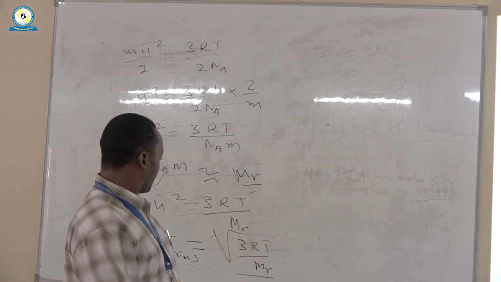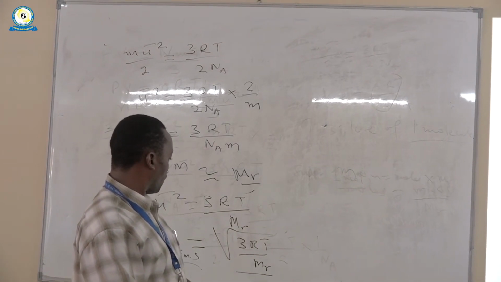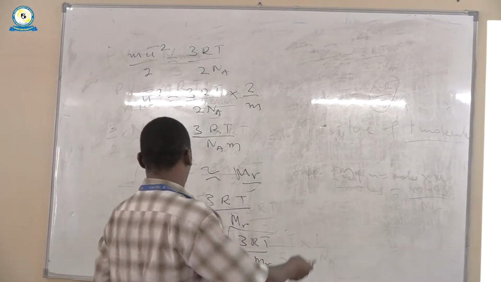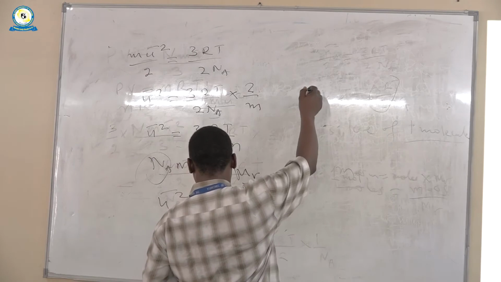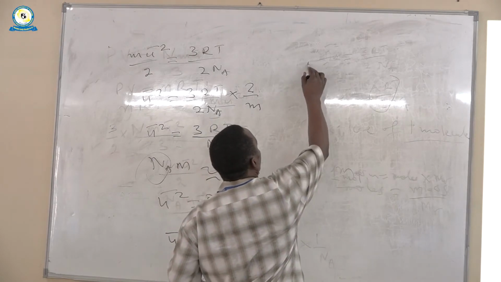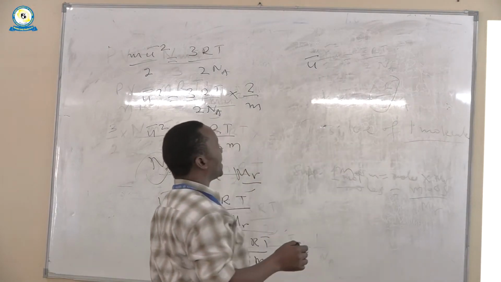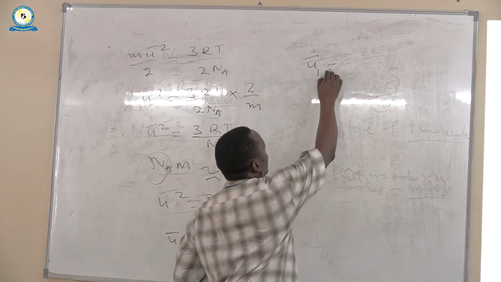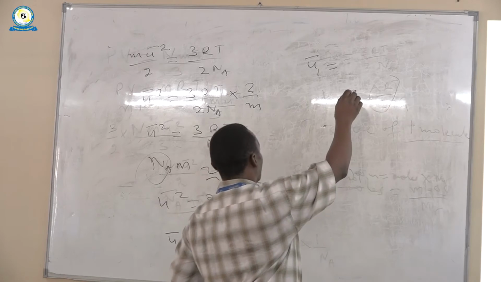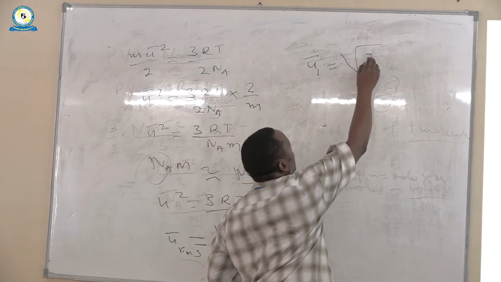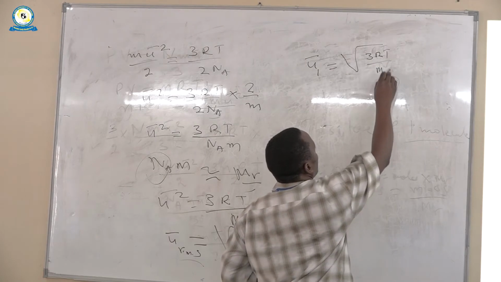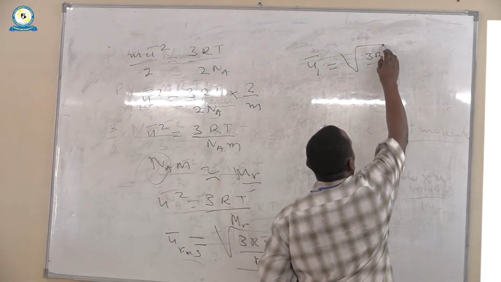Now, of course, suppose we have the relative mean square speed for a molecule 1 that is equal to 3RT over molar mass.